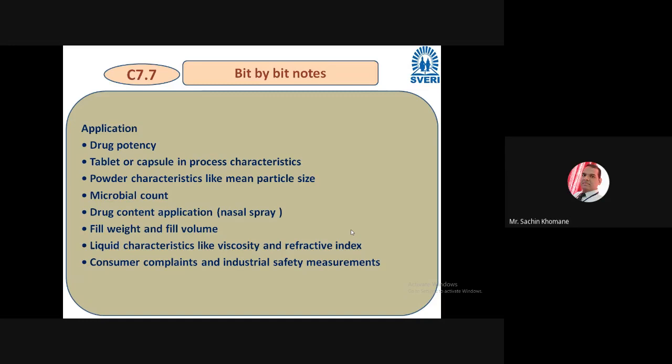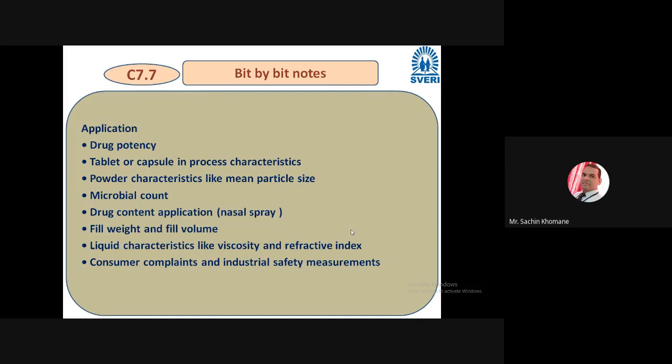Then consumer complaints and industrial safety measurements. Many people complain, but sometimes naughty customers may give wrong feedback, but you have to monitor it. How will you come to know whether everybody is facing this problem, right?